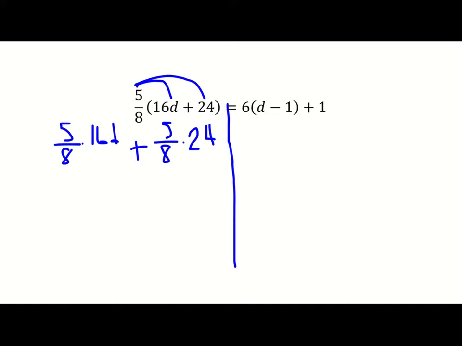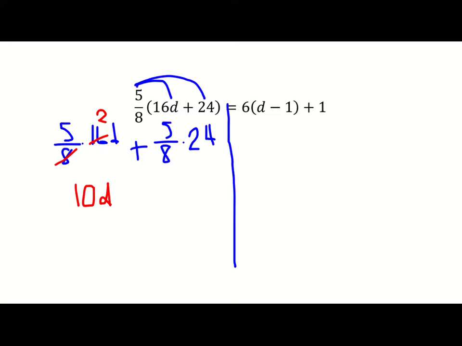So if we take a look at 5/8 times 16d, we want to do kind of the same thing as when we cleared fractions. I want to ask myself, how many times does my denominator go into the numerator? Well, 8 goes into 16 2 times. So this is just going to be 5 times 2d, so it becomes 10d. With 5/8 times 24, same thing.